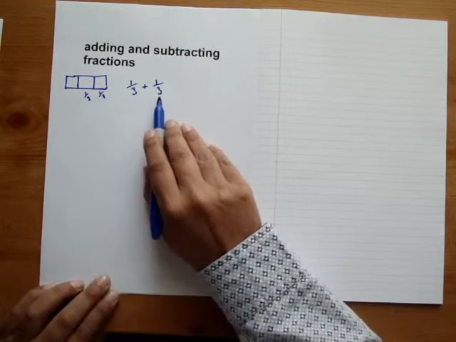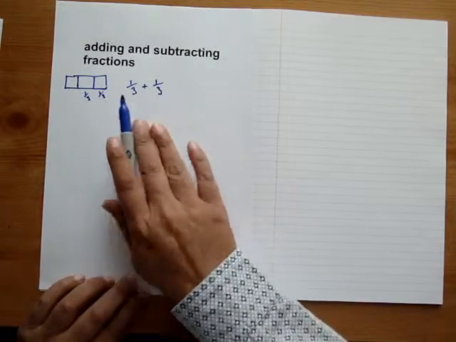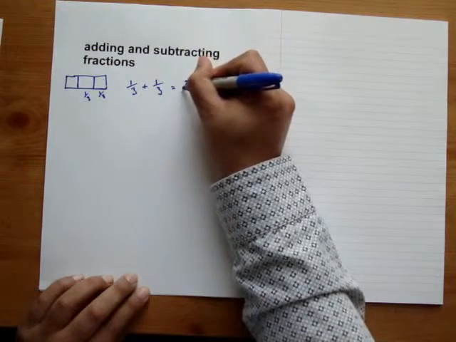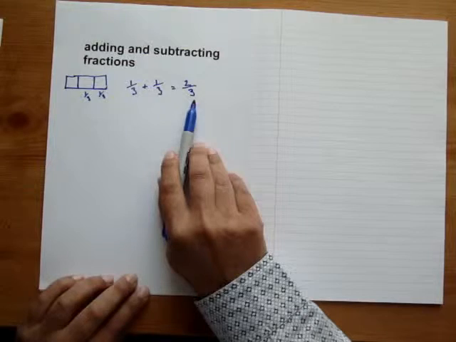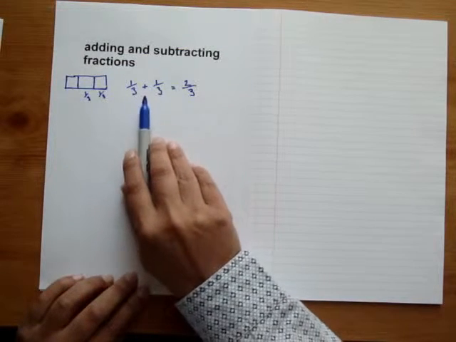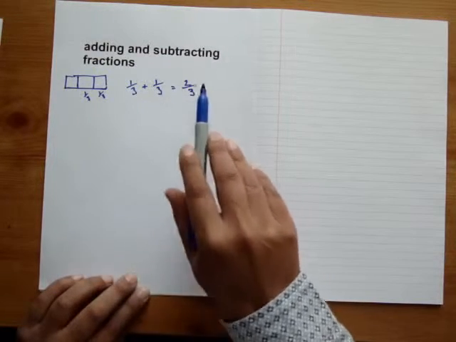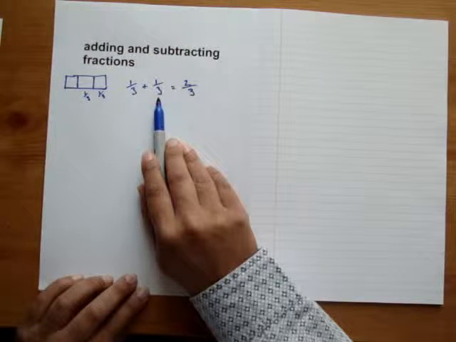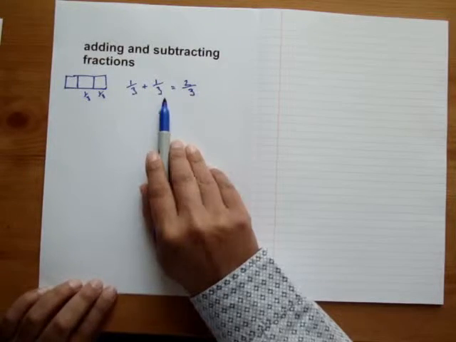So the denominators are the same, and when we're adding them together, 1/3 plus 1/3, we get 2/3. The important thing also is that when we're adding, the denominators remain the same throughout.